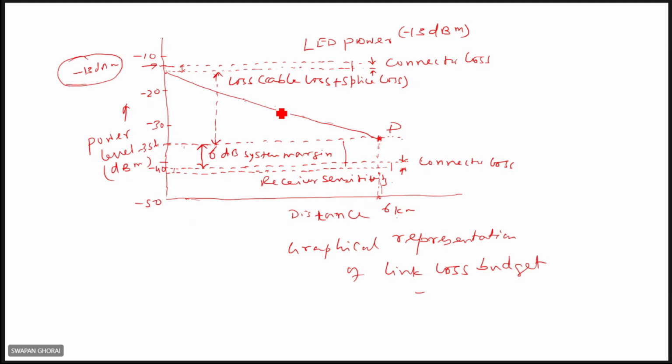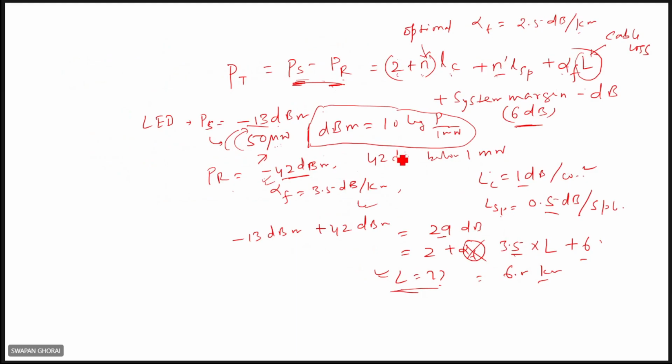And the slope of this line is alpha f, that is 3 dB per kilometer; if you consider 3.5 dB per kilometer in the problems, you can see it here. Alpha f we have considered as 3.5 dB per kilometer.